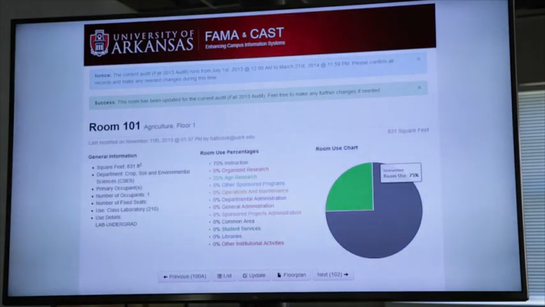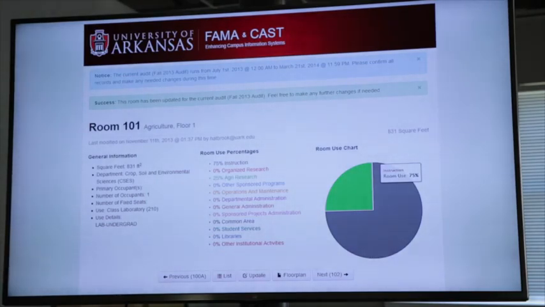In this case, they started out with what they call their room use survey, where they've gone around to every room on our campus, which is a pretty good size. We've got 26,000 students. They know how big it is, what department's responsible for it, how many occupants are in it when they visited it, how many seats are in there, what it's used for, and what it is being used for at other times.